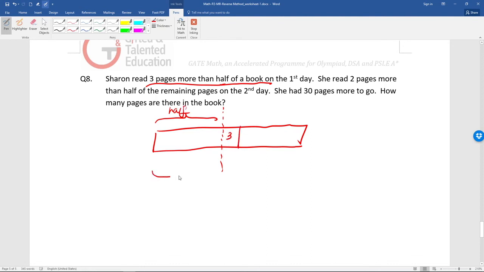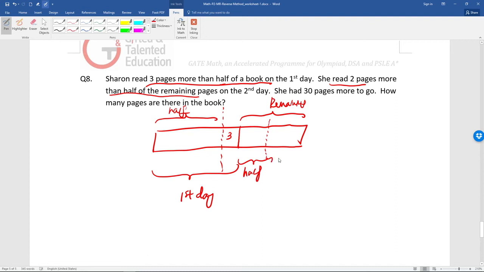This is on the first day. And this is the remaining pages. On the second day, she read 2 pages more than half of the remaining pages. So this is half of the remaining. And she read another 2 extra pages. This is for the second day.